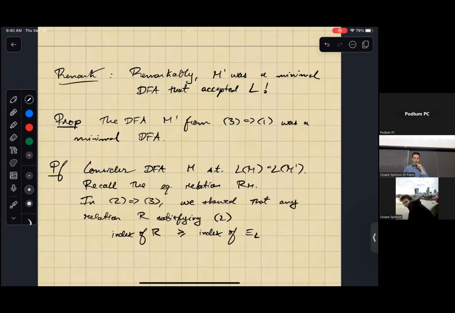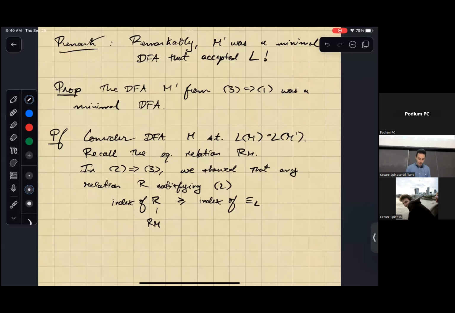Well, one such relation which satisfies the properties in statement 2, or the properties of R, is R sub M. Right? Now remember, what does the index of R sub M represent? The index of R sub M represents the number of states of M. Now, remember, what is the index of the Myhill-Nerode relation?